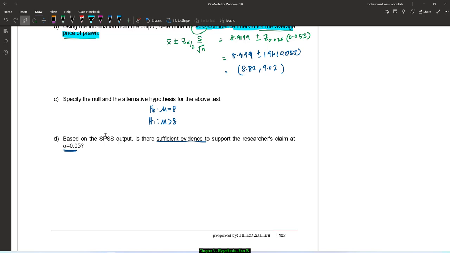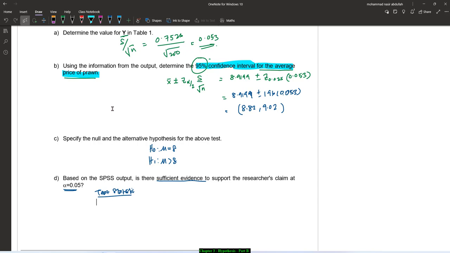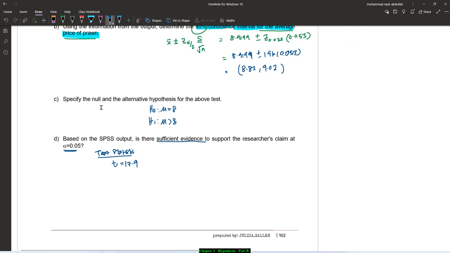So we just go through the test statistic. We look at the T distribution. T is equal to 17.286, right? And the critical value, this one is supposed to be on the right side.